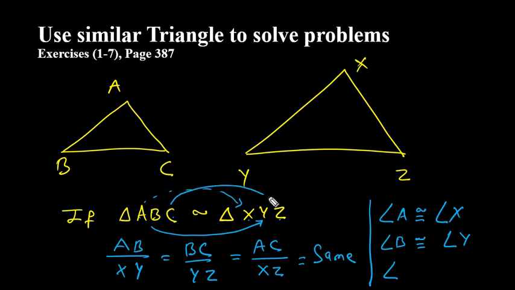Angle C is congruent to angle Z, and vice versa. So if you see that these ratios are the same and the angles are congruent, then you can say the triangles are similar. Also, if it is given that triangles are similar, then these properties should follow.